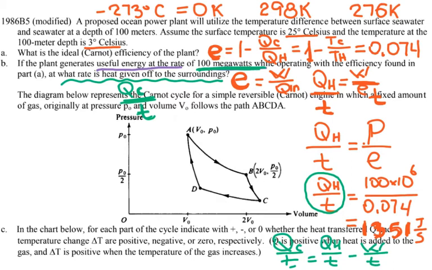So that gives me Q cold over time equal to 1250 megawatts.